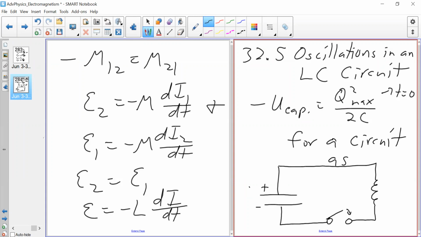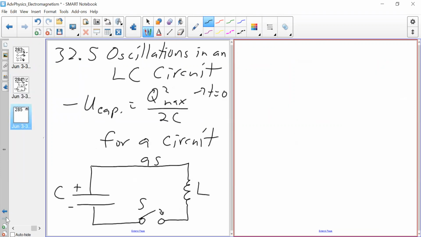So this is our capacitor, this is our inductor, and that's our switch. We're going to assume our battery's there, but we're just looking at the components of L and C. At T equals 0, there is no current, as I mentioned. We have maximum charge, but no current at T equals 0.